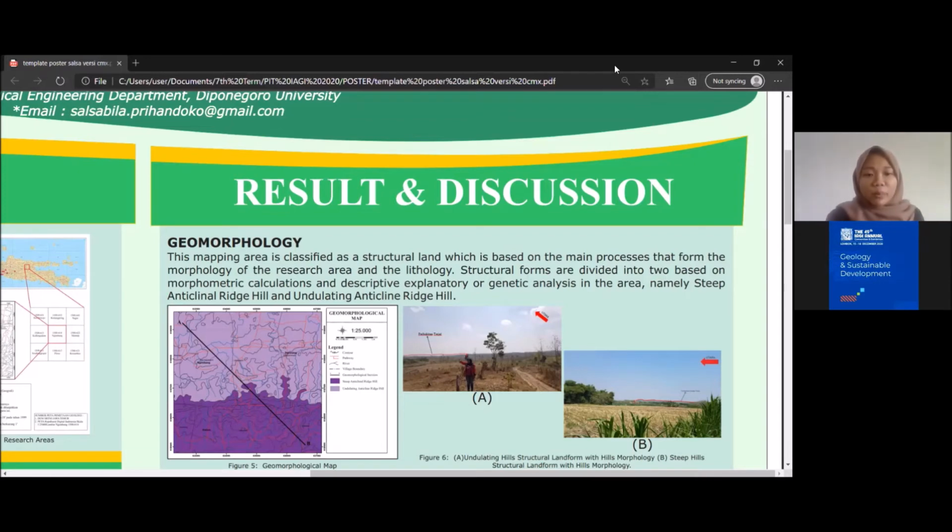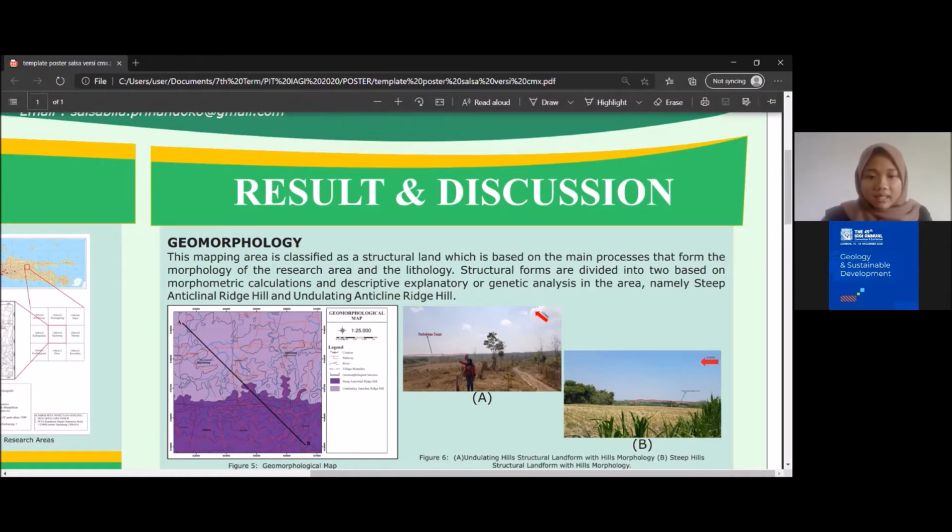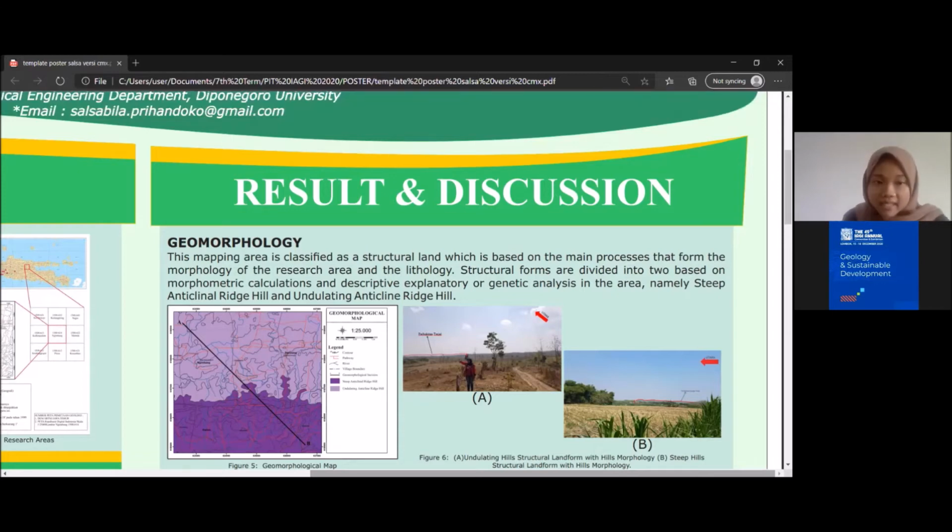Based on morphometric calculation and descriptive explanatory genetic analysis by Brahmantyo and Bandono in 2006, our study area is divided into 2 names, which are anticlinal ridge hill and undulating anticlinal ridge hill.